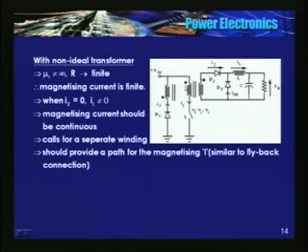Current enters the dot, so the right direction here is to leave the dot. You cannot have that situation because of D3. Current cannot leave the dot. Current can only enter the dot.